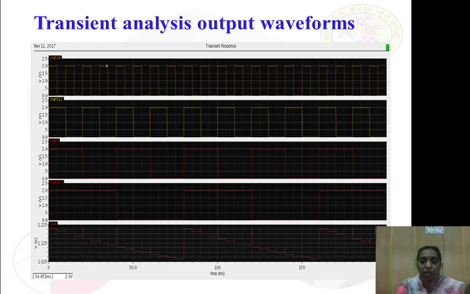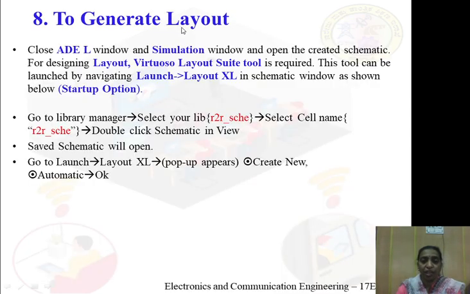To generate the layout of the R-2R DAC, all the windows are closed except the schematic window, and the layout suite is opened from the Cadence environment from the library manager.